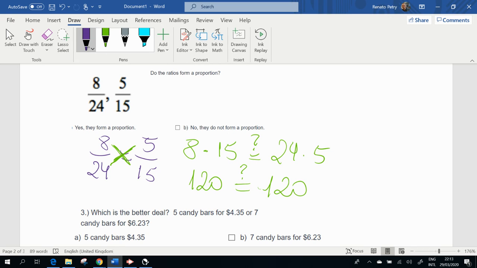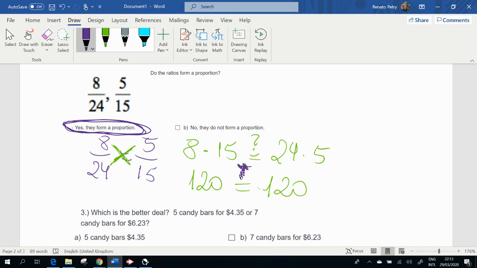So yes, they form a proportion because their cross multiplications are the same. So I can erase this question mark sign here.